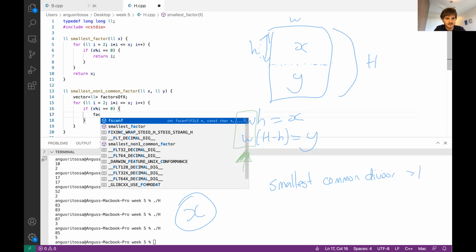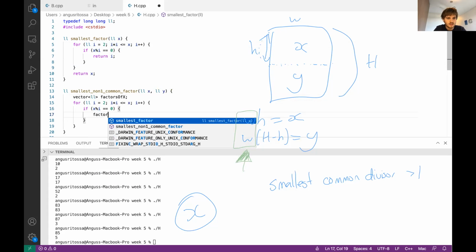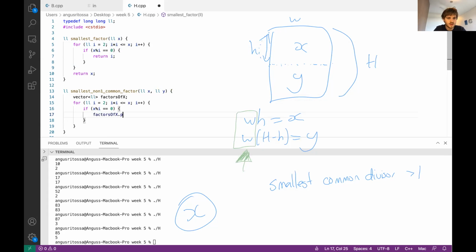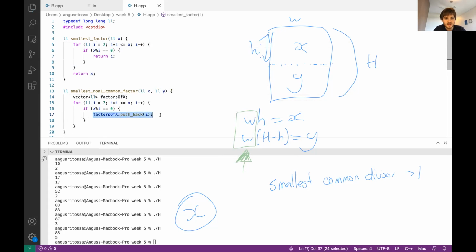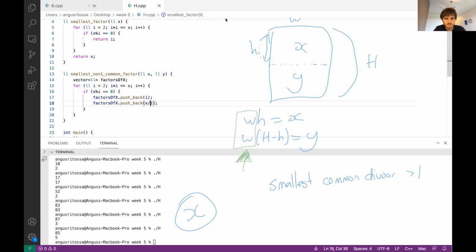So we add I as a factor, but X divided by I is also a factor. So we have all the factors of X here in our vector.